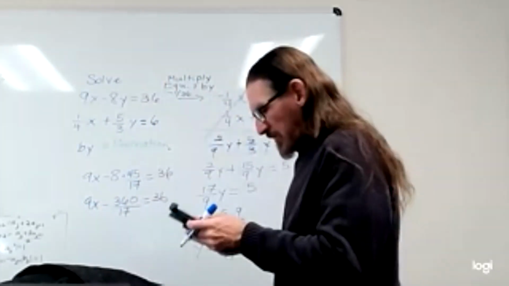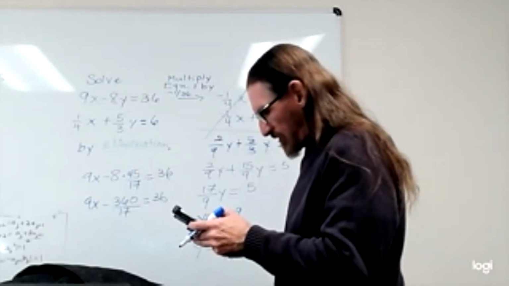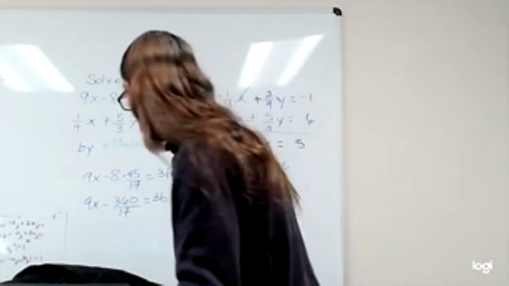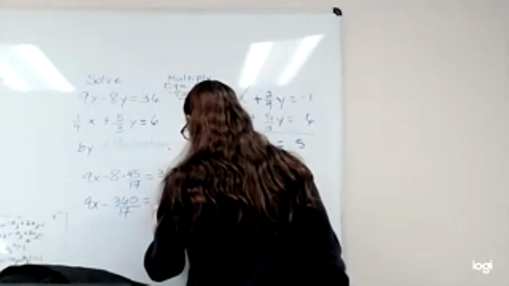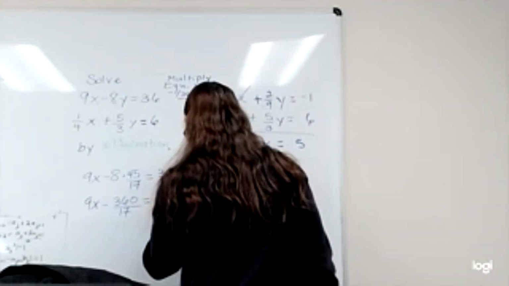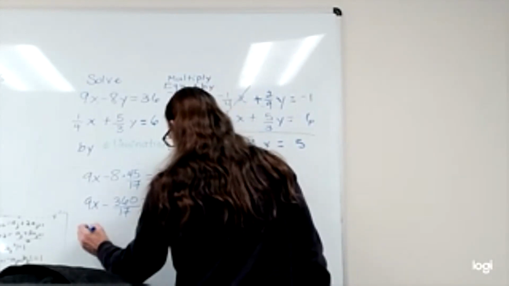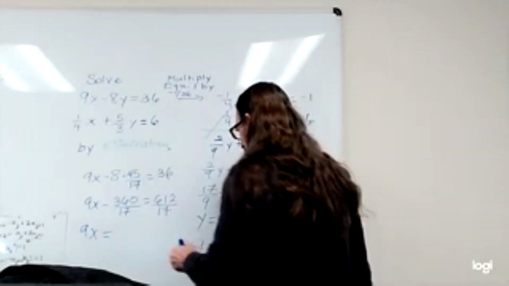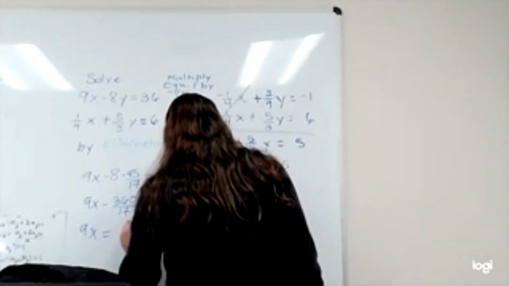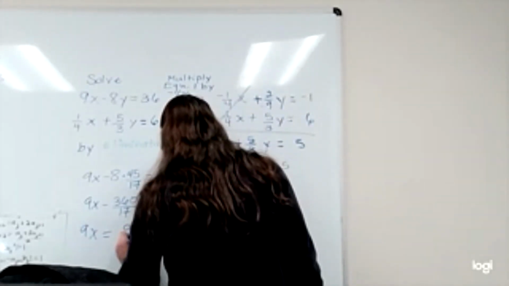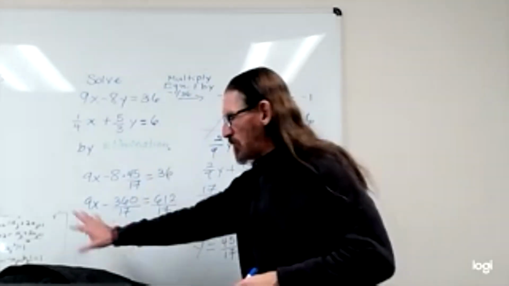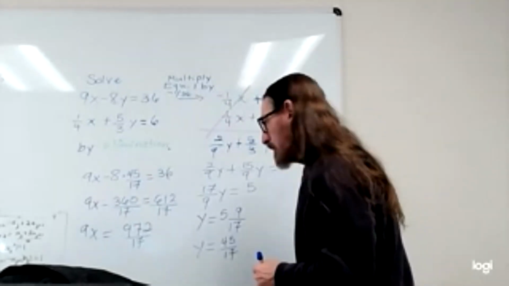Get a common denominator there. 36 times 17 is 612. So when I add 360/17 to 612/17, I've got 972/17. Instead of saying that I'm going to divide by 9, I'll multiply both sides by 1/9.